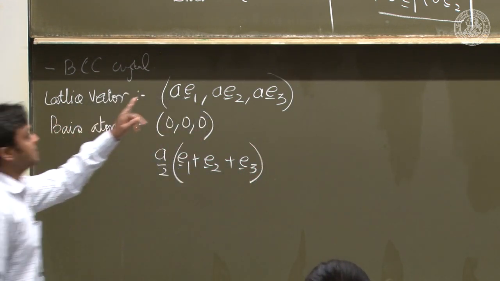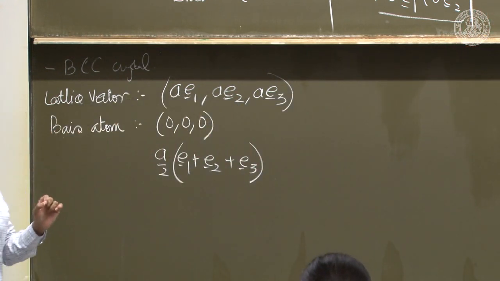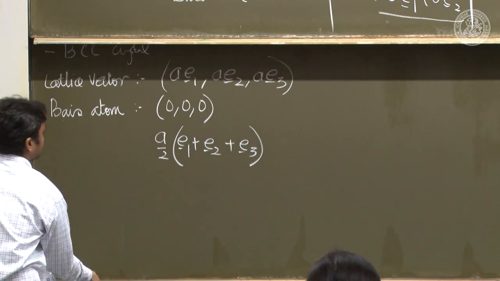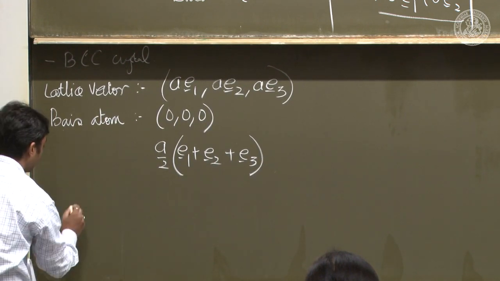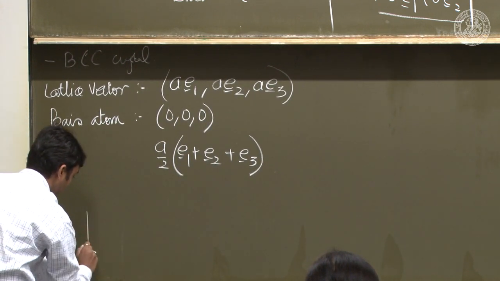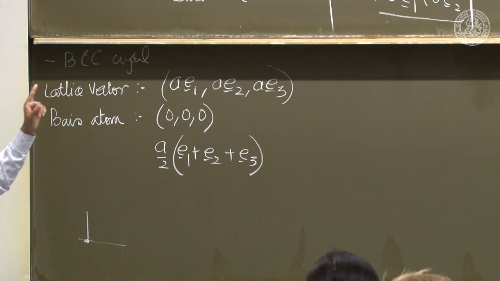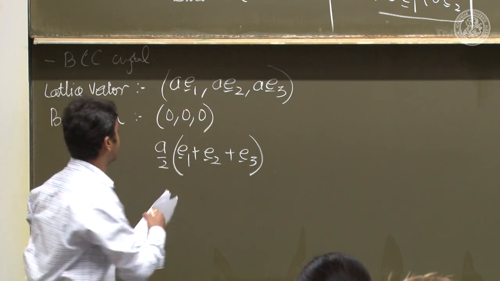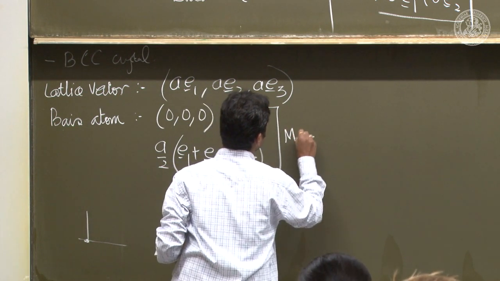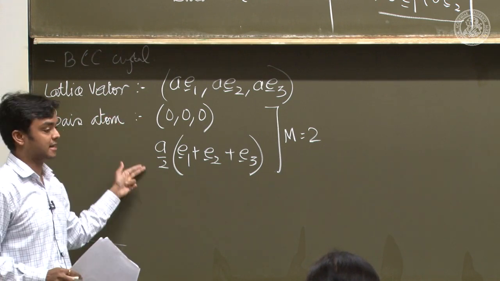Then I look towards this map again. At the first point I generate first the lattice point. My origin is somewhere here. If I put n1, n2, n3 as 0, 0, 0, and the basis atom here, M is 2 because there are 2 basis atoms.